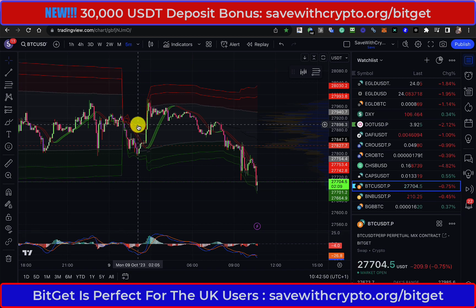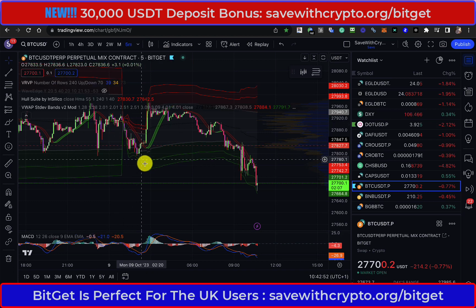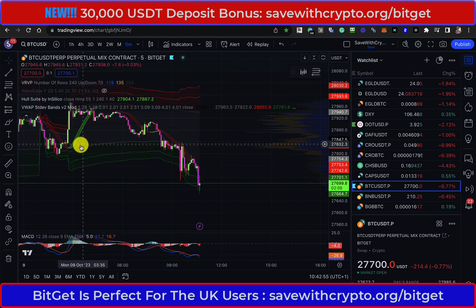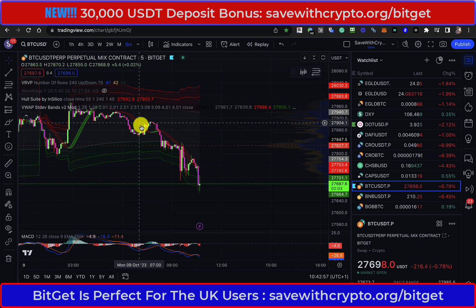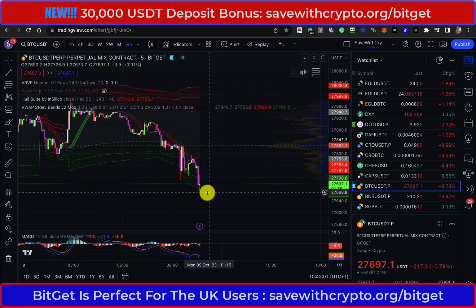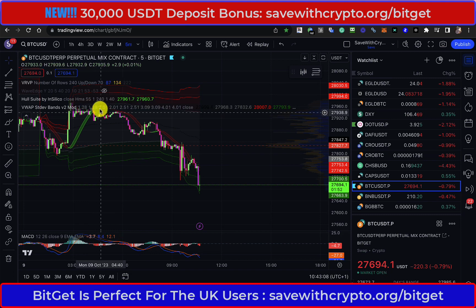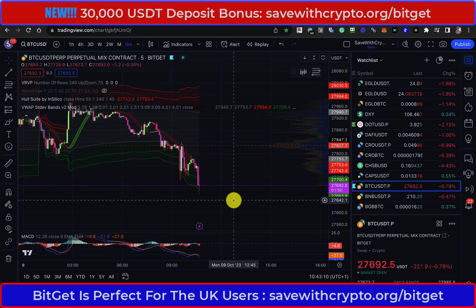I tend to use a few indicators. The ones I like at the moment are this green and red band one here. This is called the Whole Suite by Insilico. I like that one, and I also like these VWAP standard deviation bands version 2 mod. These are both free indicators that you can get on TradingView.